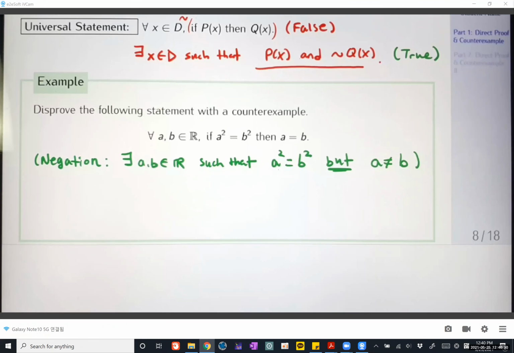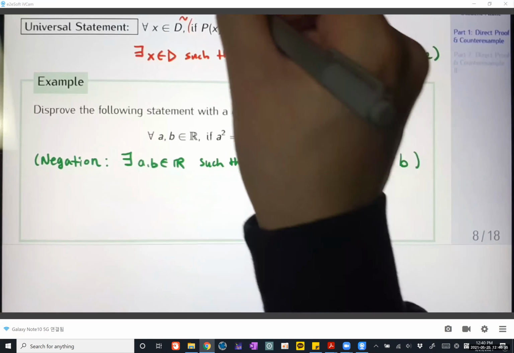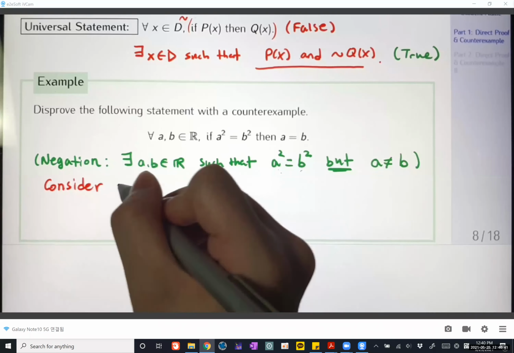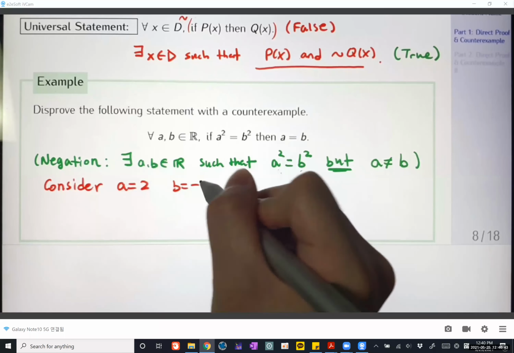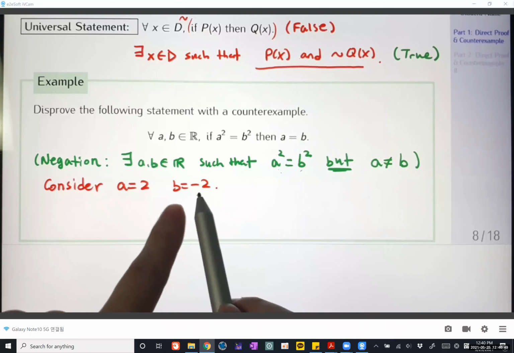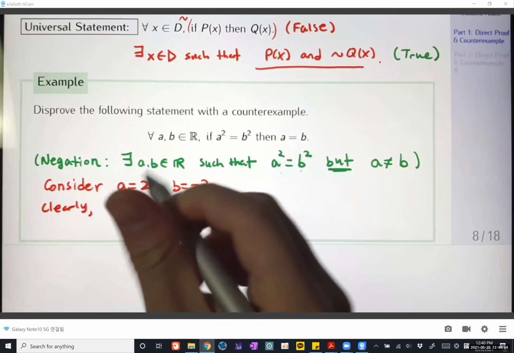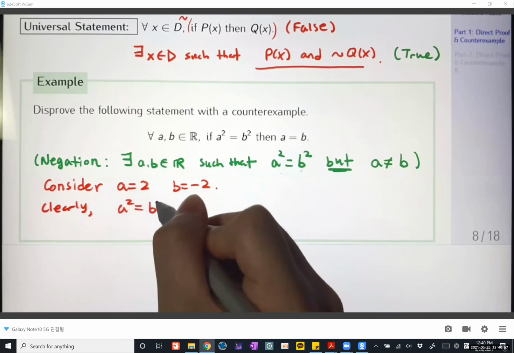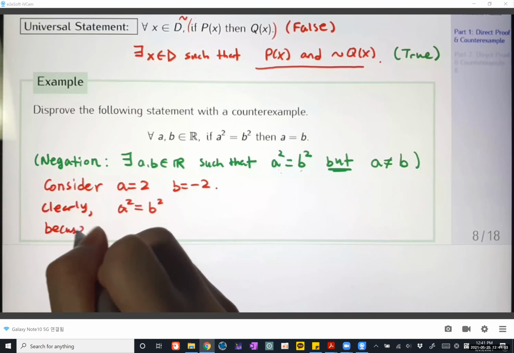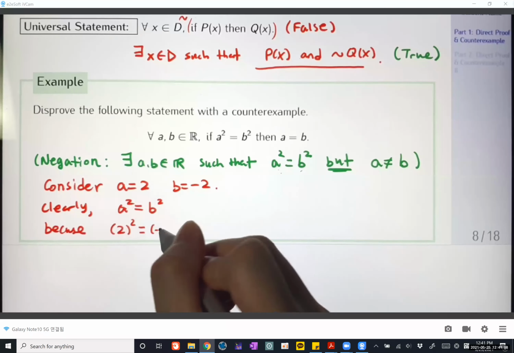Okay, Nathan has chosen 2 to be A and -2 to be B. So there you go. I'm going to choose Nathan's suggestion. A is equal to 2, B equal to -2, right? Surely, if you square them, A squared and B squared, you get the same number. So clearly A squared is equal to B squared because 4 and 4, because we have 2 squared equal to -2 squared.